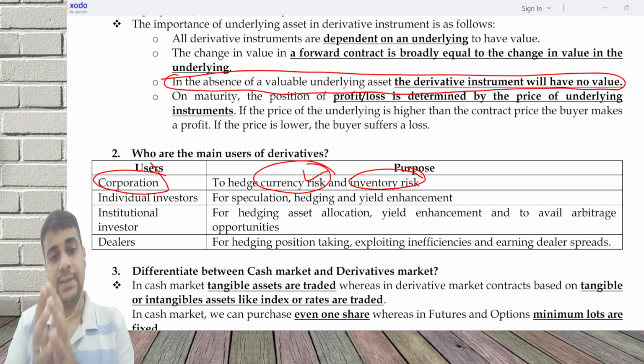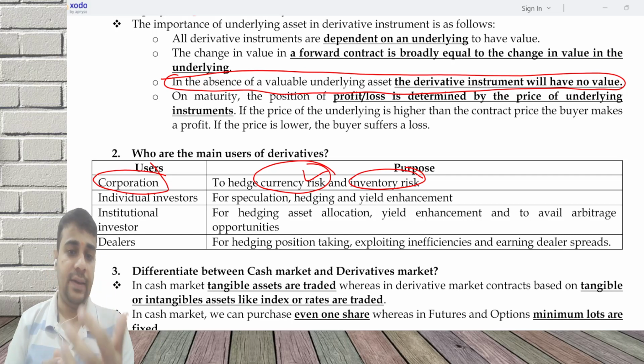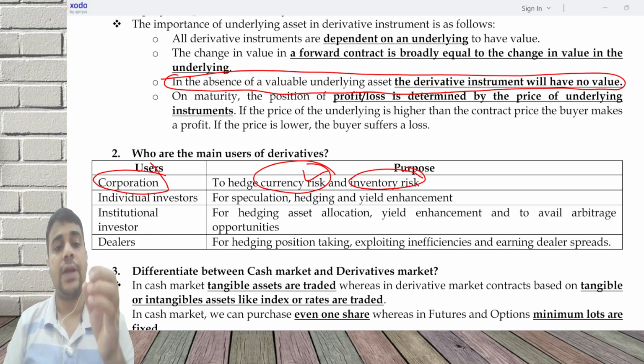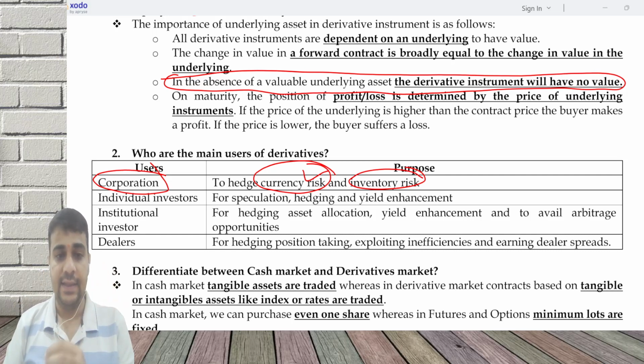In derivatives market, tangible or intangible, like even an index, can be traded. In the context of financial instruments, cash market is if you are buying on BSE and NSE, the spot market, where you can buy even one share.